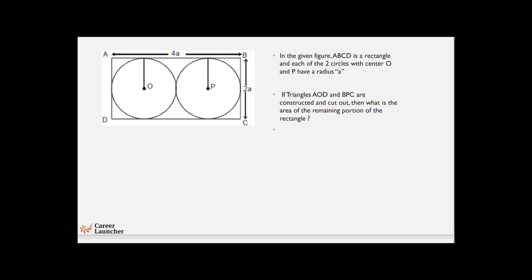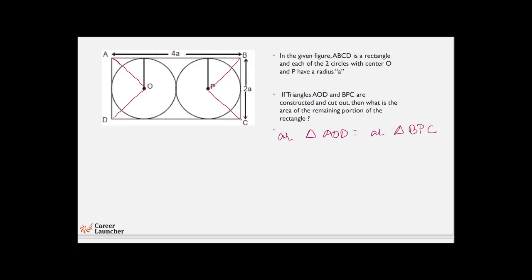Now the next question. If triangles AOD and BPC are constructed and cut out, then what is the area of the remaining portion of the rectangle? So let's join AOD and BPC. One thing we know here is that the area of triangle AOD would be equal to the area of triangle BPC.